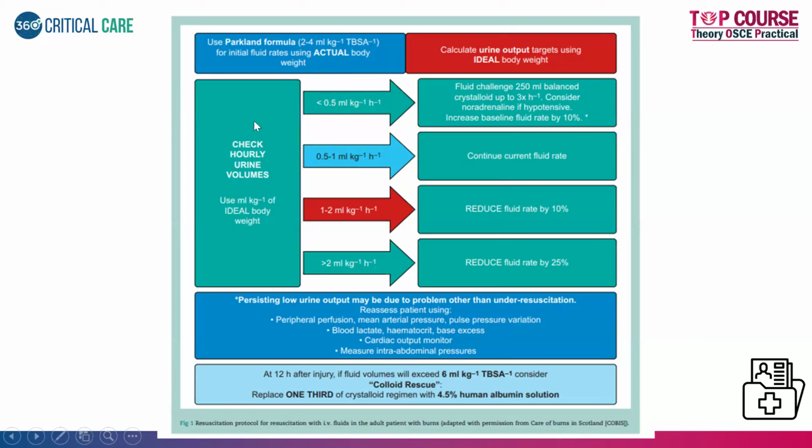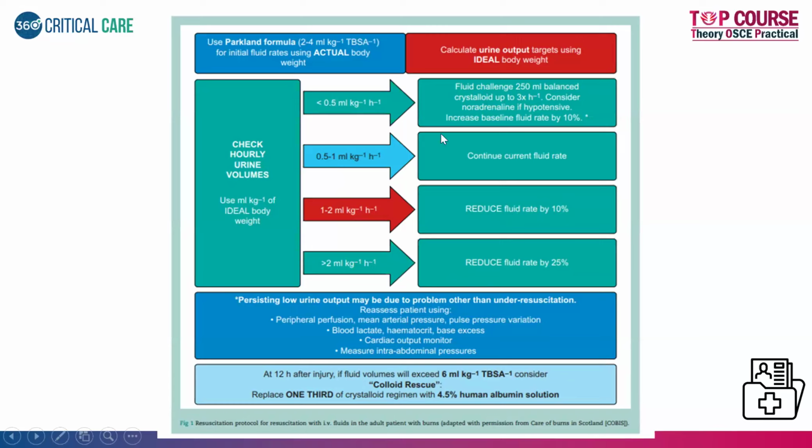If it is less than 0.5 ml per kg per hour, then give a fluid challenge of roughly 250 ml and increase the baseline fluid rate by 10%. If the urine output has increased to 1 to 2 ml per kg, then reduce the fluid by 10% so that excessive fluid delivery to the vasculature is reduced. If the urine output is more than 2 ml per kg per hour, reduce the fluid rate by around 25%.